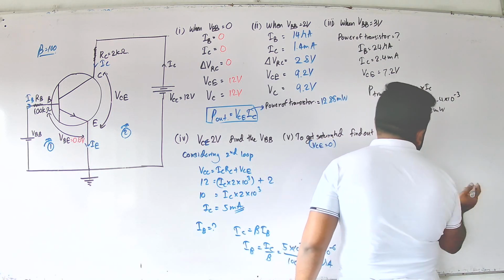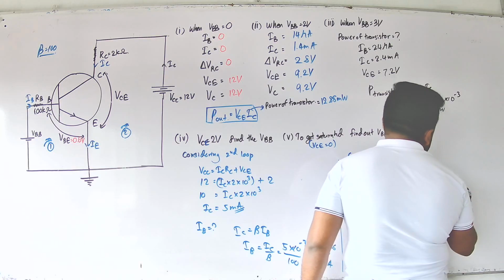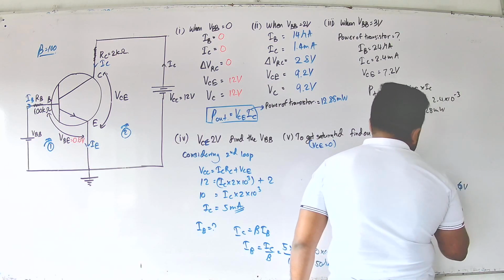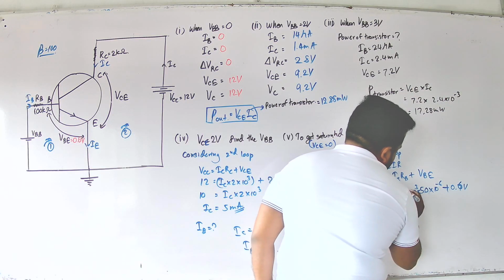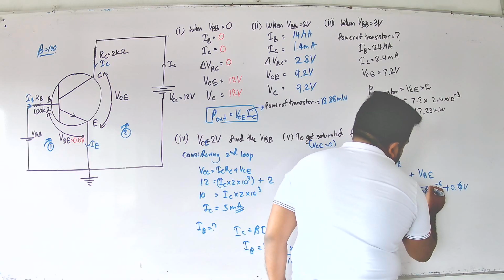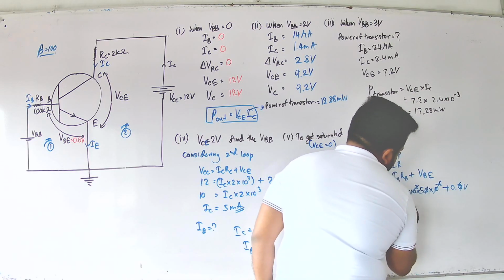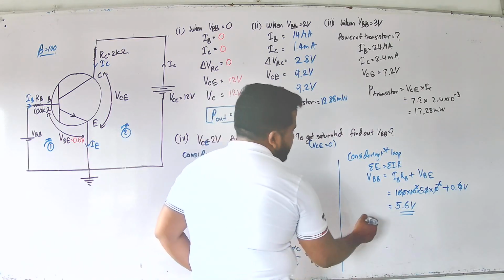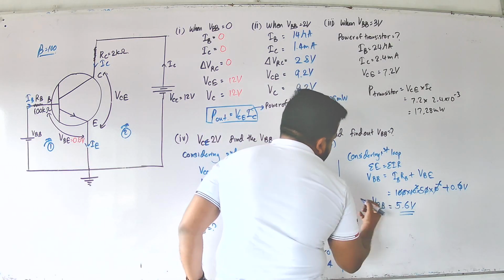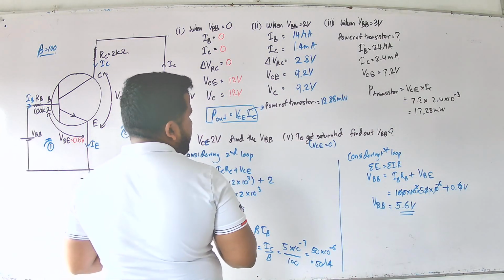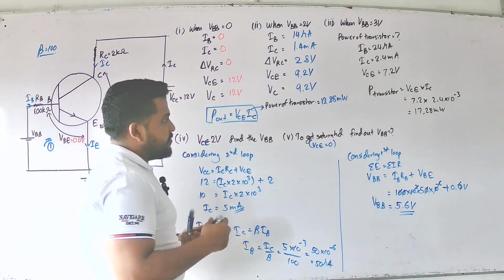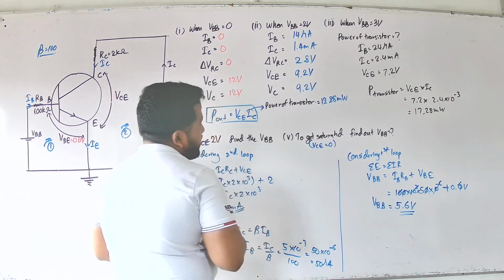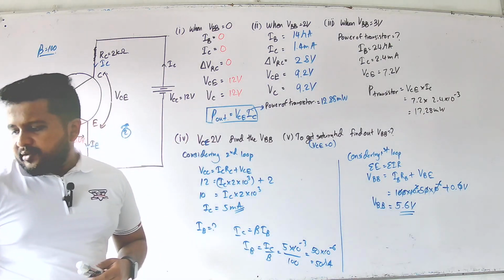That means 5 plus 0.7, so VBB equals 5.7.